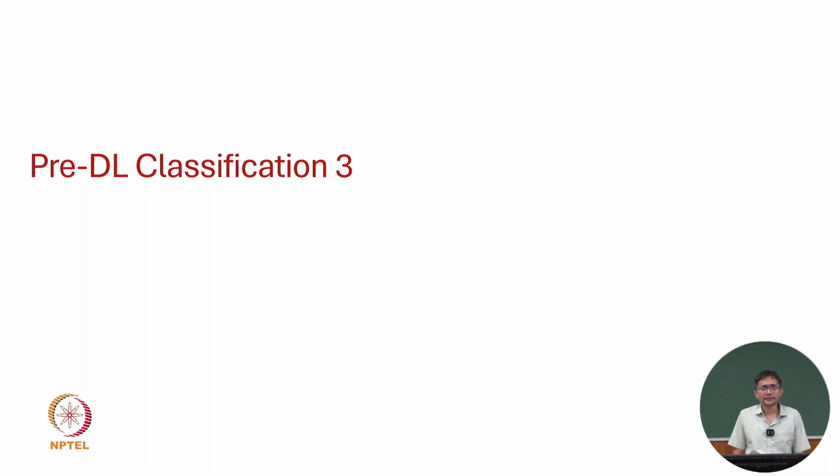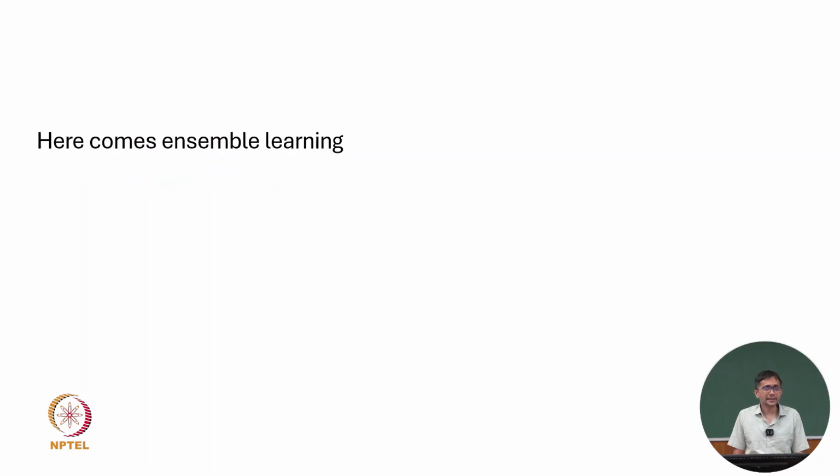With this background, we will be moving ahead to an interesting paradigm in machine learning, that is ensemble learning. Right now we will discuss ensemble learning in the context of decision trees.